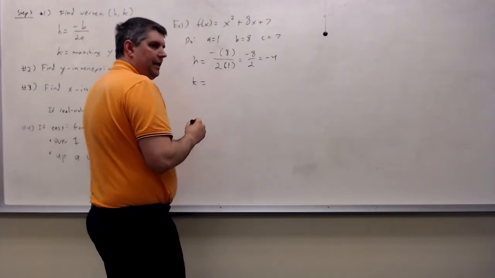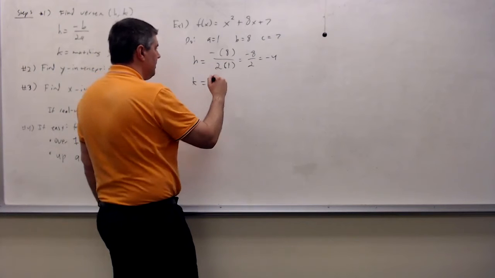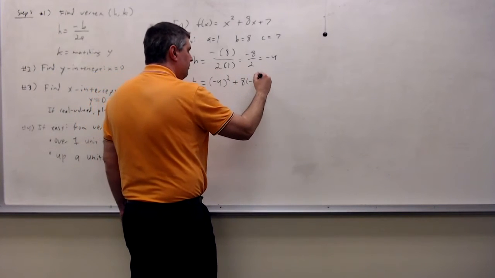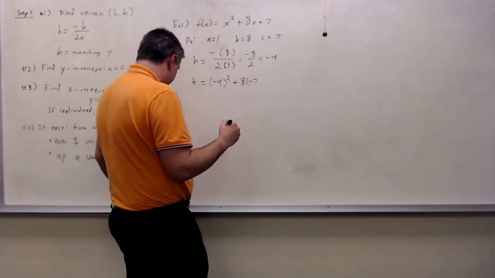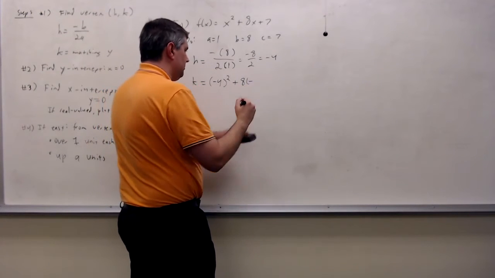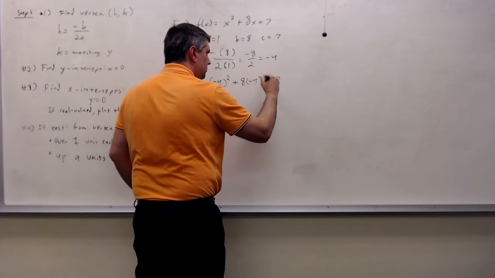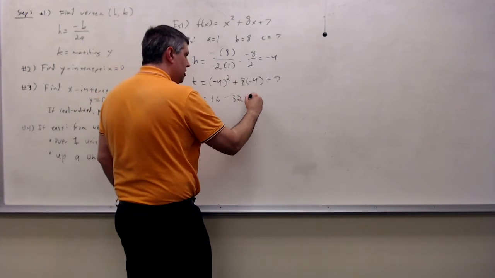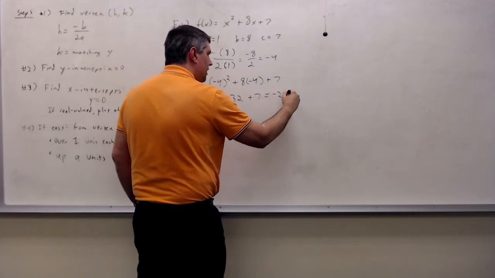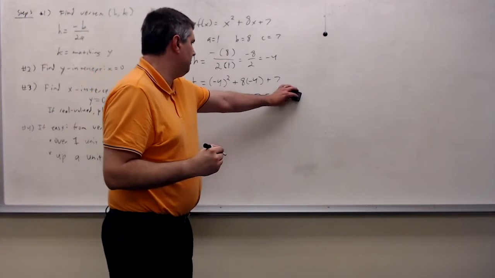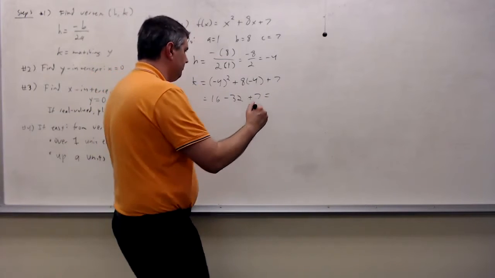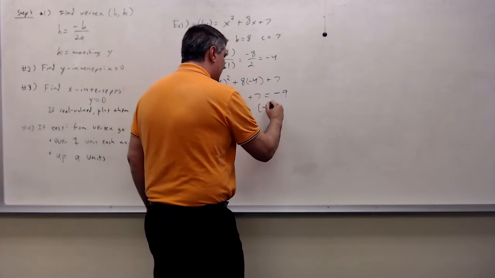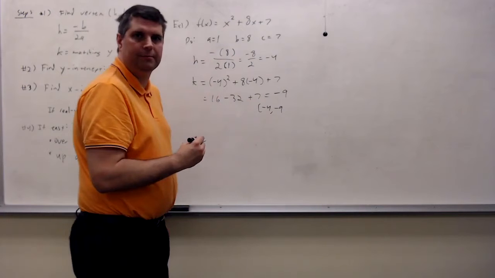K is going to be negative 4 squared plus 8 times negative 4 plus 7. So that's going to be 16 minus 32 plus 7, that is negative 9. So the vertex is negative 4, negative 9.